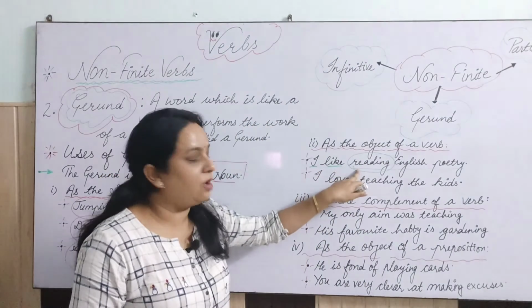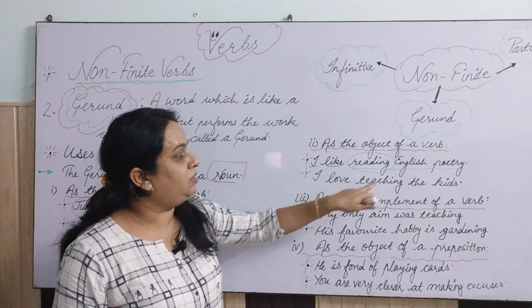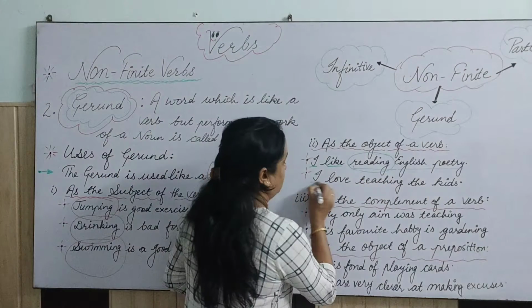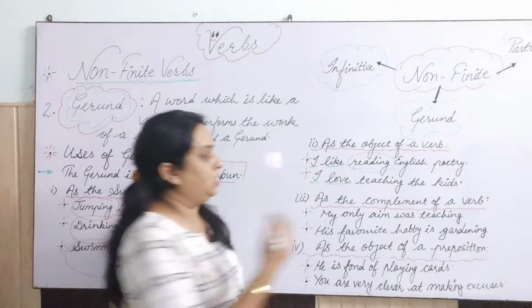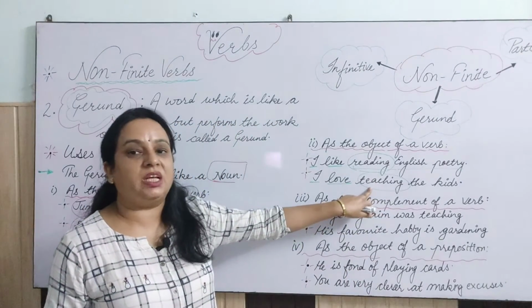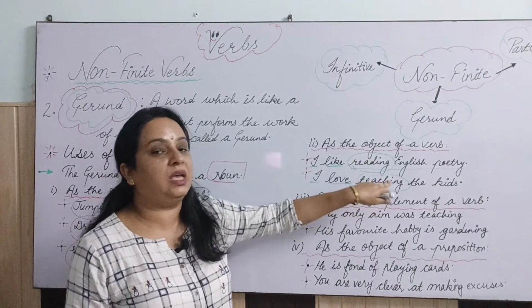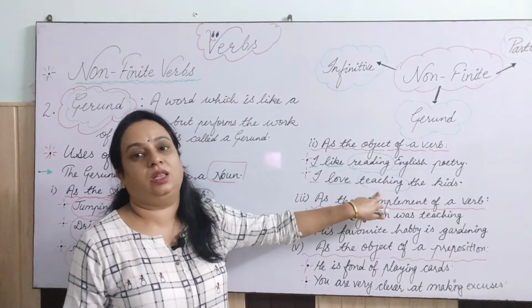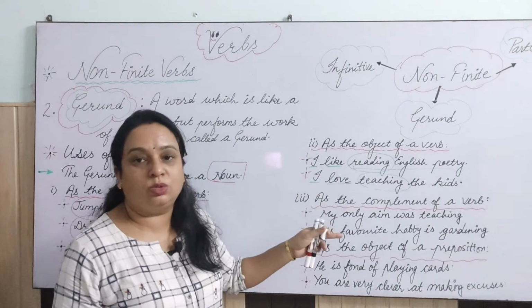Because just after the verb there is the object. Second is, I love teaching kids. So this is the subject. Love is the finite verb. Teaching is the object in the sentence. So this root form plus ing form is working as object here in the sentence. Moreover, it is working as a noun too, right?